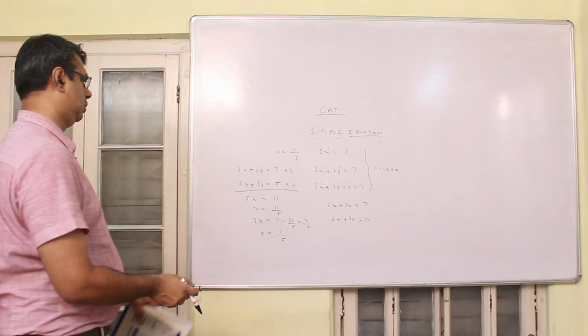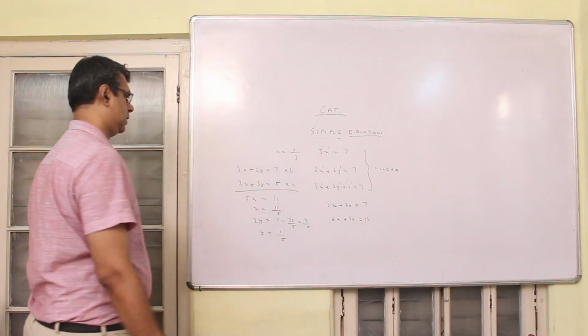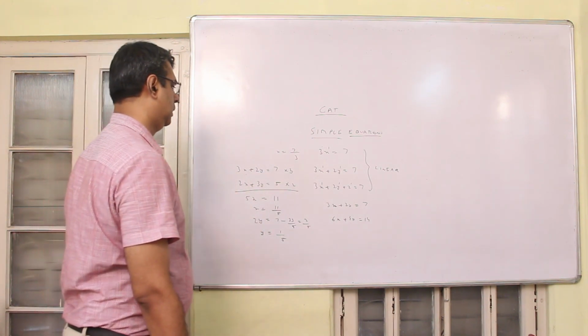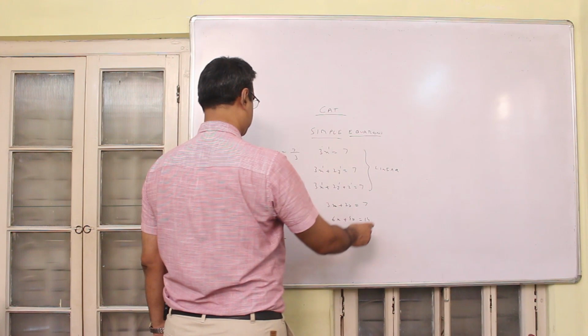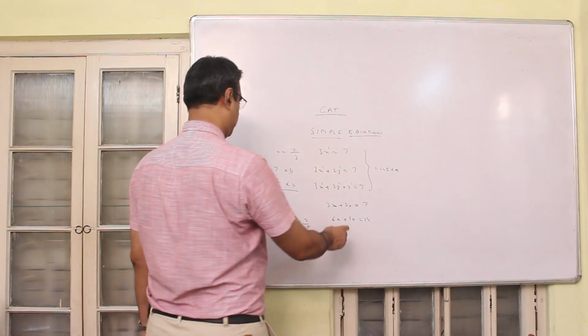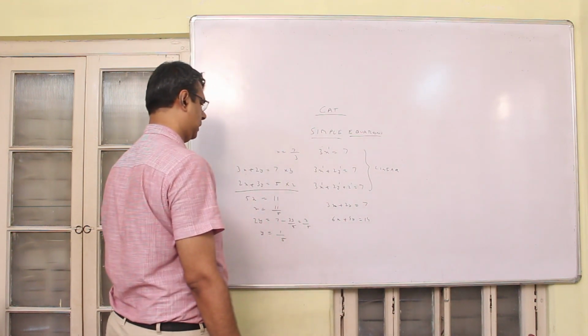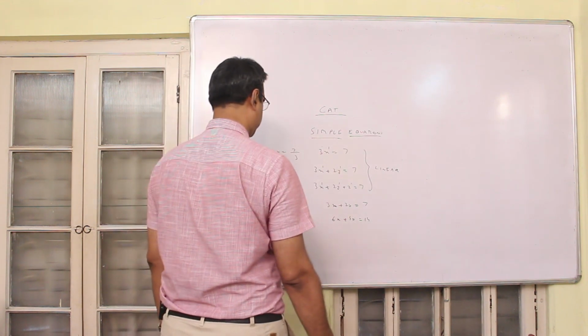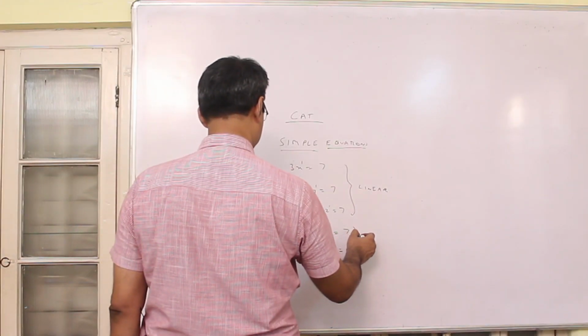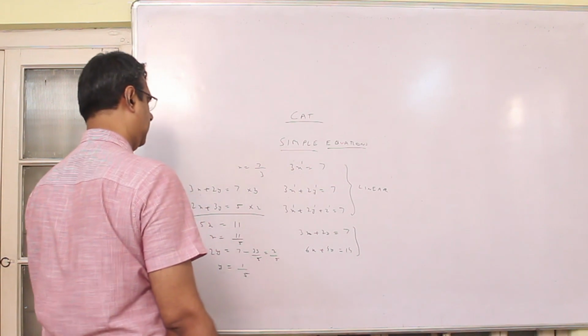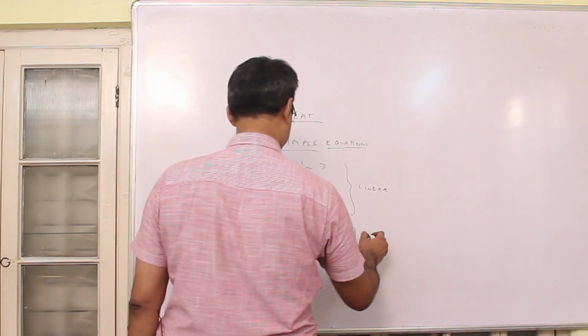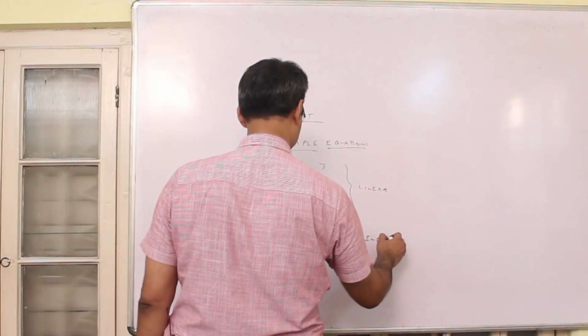So coming back to the topic of simultaneous equation in two variables, suppose the first equation is 3x plus 2y equal to 7 and the second equation is 6x plus 4y equal to 14. So if you try to solve these two, you will see that you will get infinite solutions.